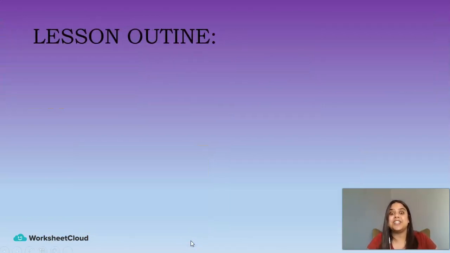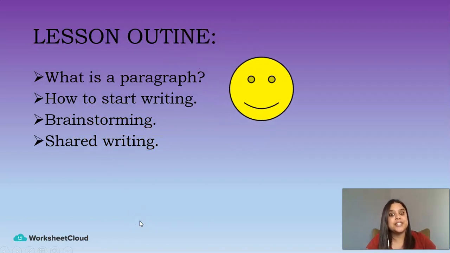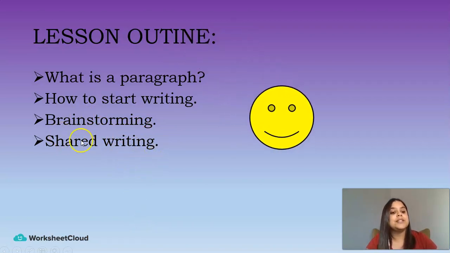So, the lesson outline for today. We're going to look at what is a paragraph, how to start writing, brainstorming, and then shared writing. And I'm going to spend a few seconds on shared writing because I want you to understand that the reason why we're looking at shared writing is because you can see me, but I can't see what you're doing. We've been through this, remember? First lesson.